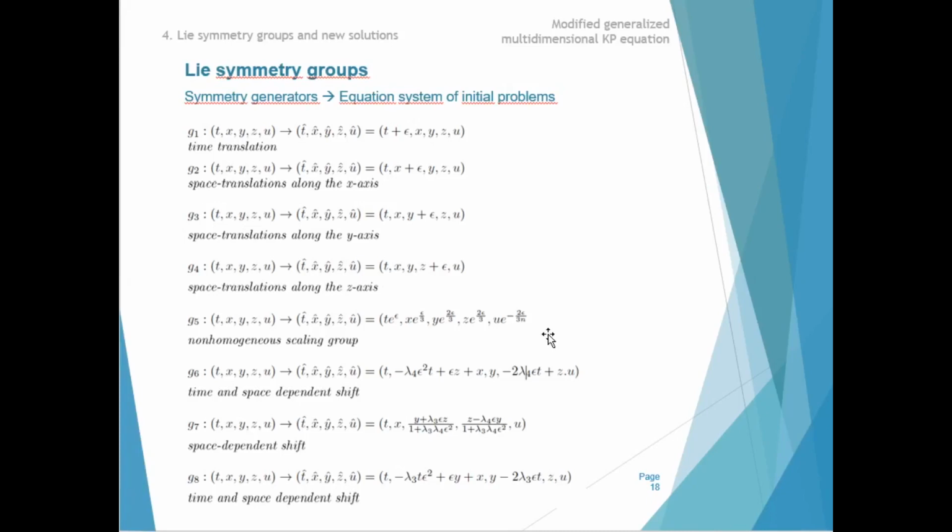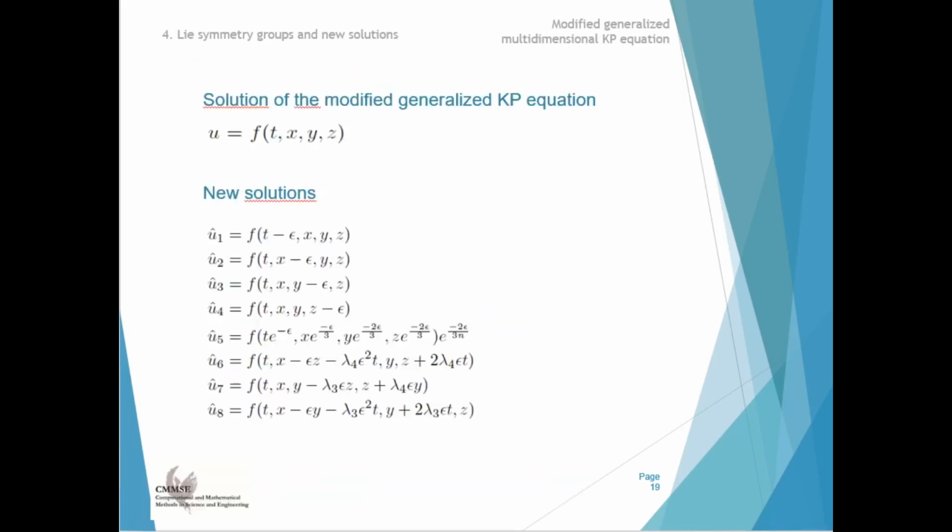G5 is a scaling group, and finally the other groups are time and space dependent. Now, using these symmetry groups, we can conclude that if U is a solution of the modified generalized multidimensional KP equation, then by applying the previous Lie symmetry groups, we can obtain the corresponding new solutions of the equation.